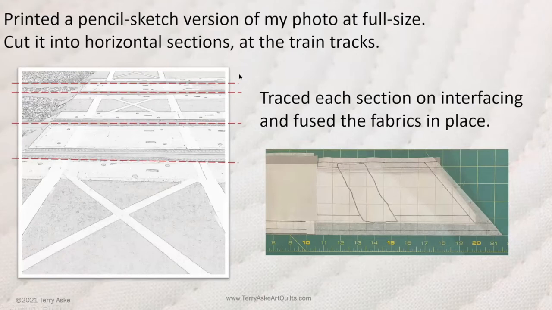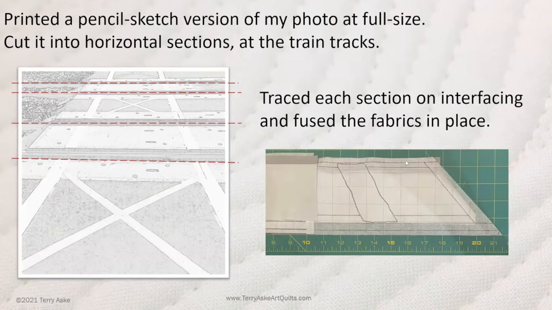And what I did for this one was I changed my photo to a pencil sketch version with my computer. And then I realized that the railroad, the actual tracks, were running all the way across the picture. So I cut my full-size pattern into the separate pieces, right where the railroad tracks went across.